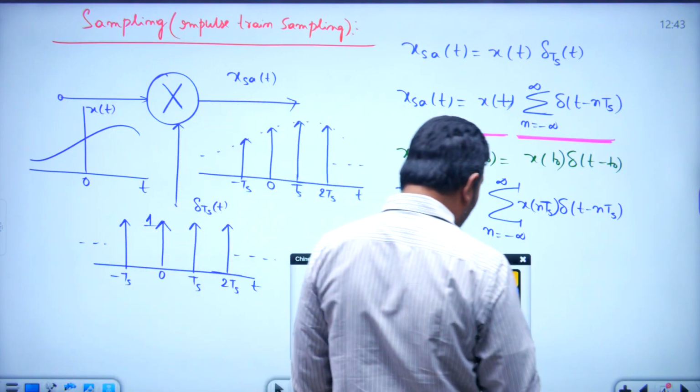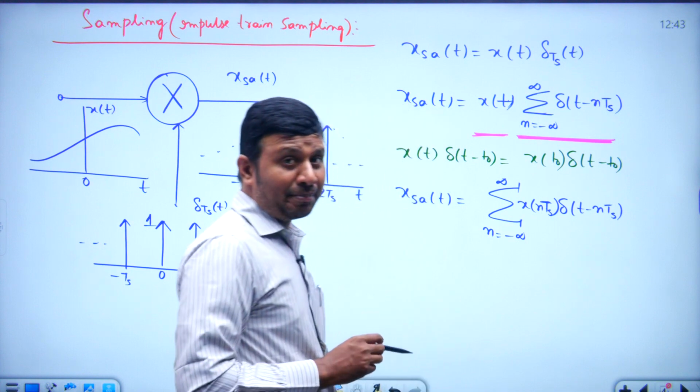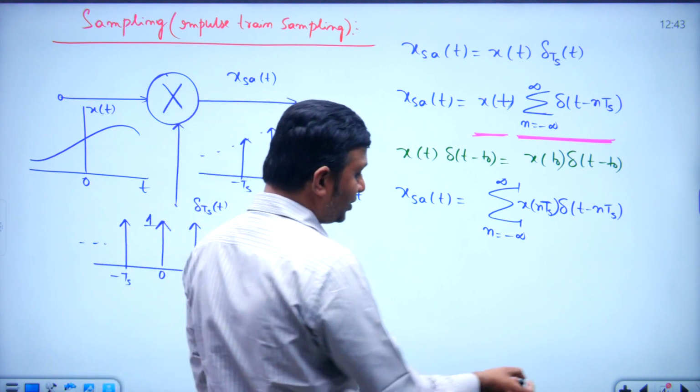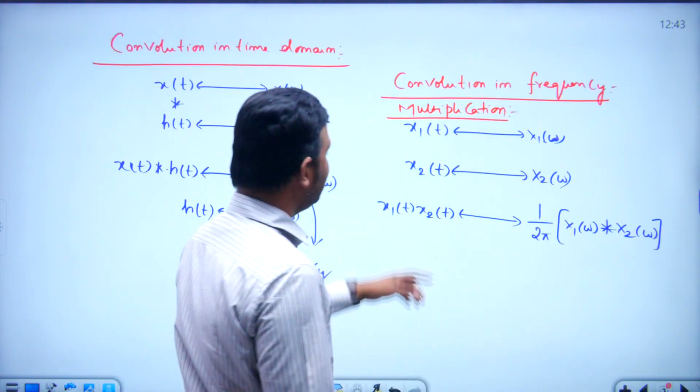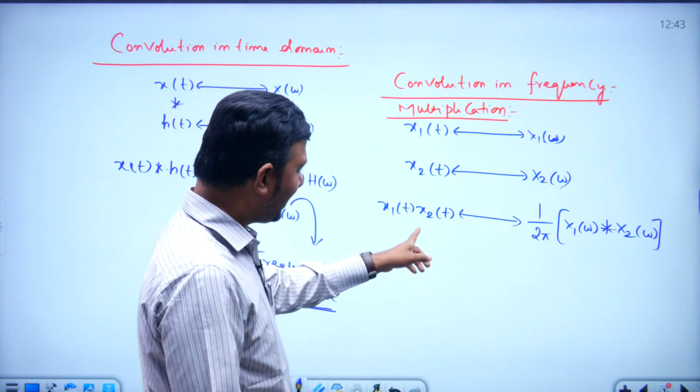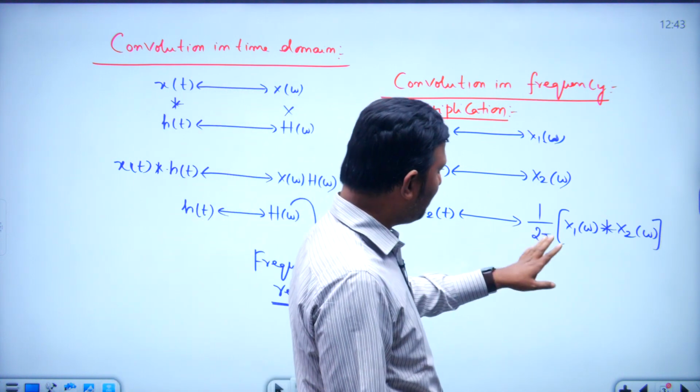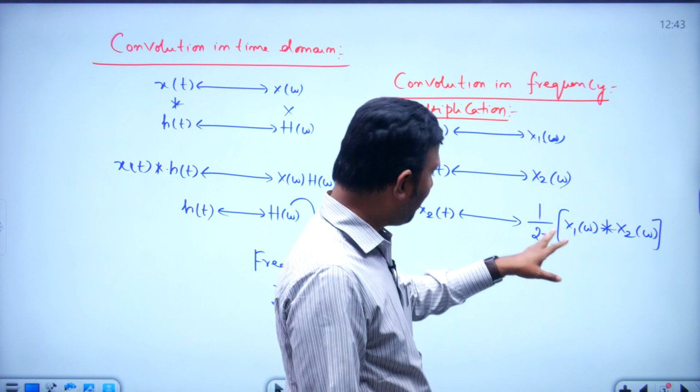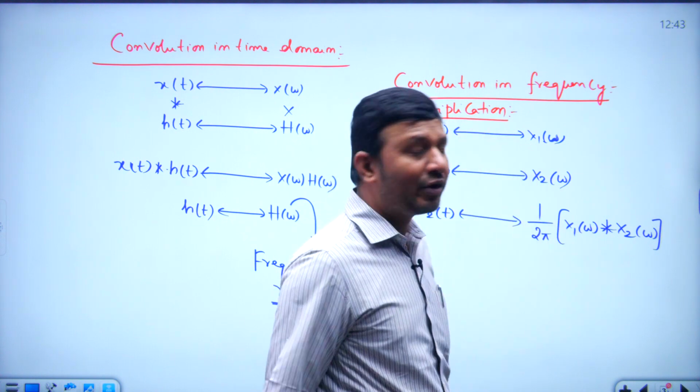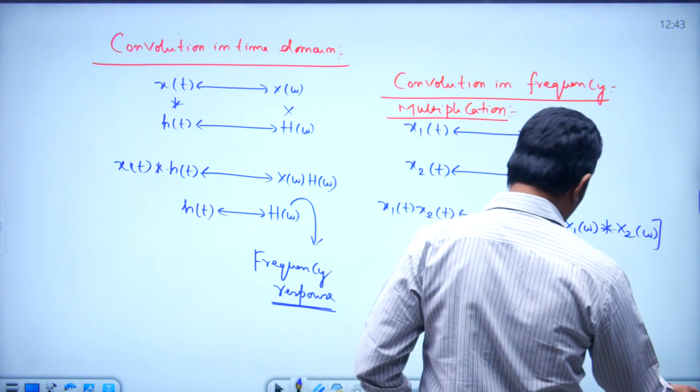So you are going to apply the multiplication property, or frequency convolution property, which we have seen just now: x1 of t multiplied with x2 of t forms a continuous time Fourier transform pair with 1 by 2 pi times x1 of omega convolved with x2 of omega.